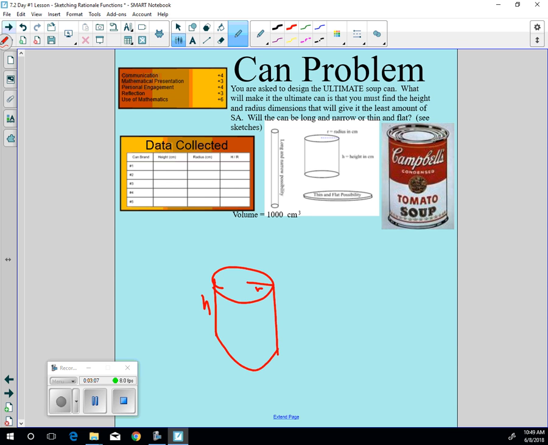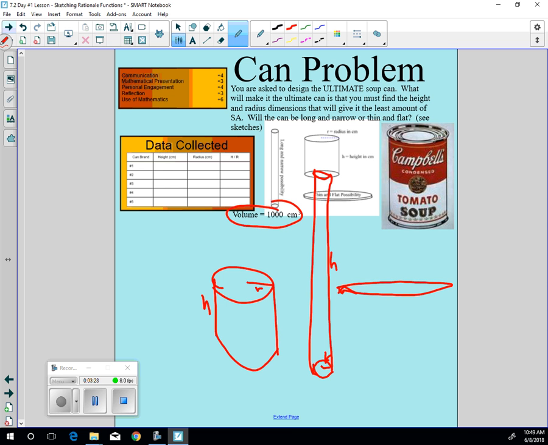We could take a volume, and I just made up a volume of 1,000 cubic centimeters. We could make that a real tall, thin tube with a very small radius and a very large height, or we could have a very short height and a very large radius.